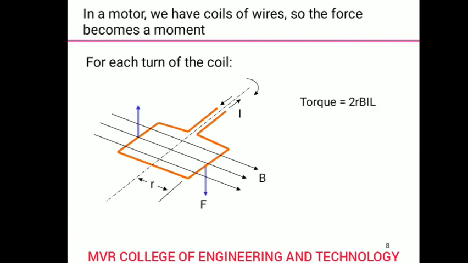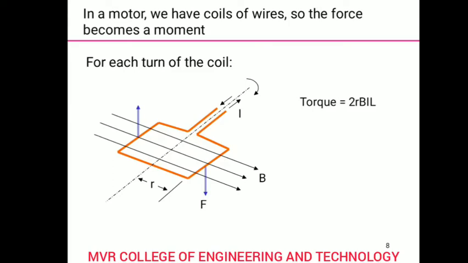Here you can see in a motor we have coils of wires, and the force becomes a movement. For each turn of the coil, it gets an EMF. Then the torque is equal to 2RBIL, where R is the radius, I is the current, B is the magnetic flux density and L is the length.